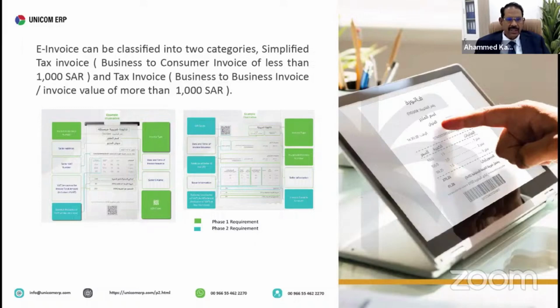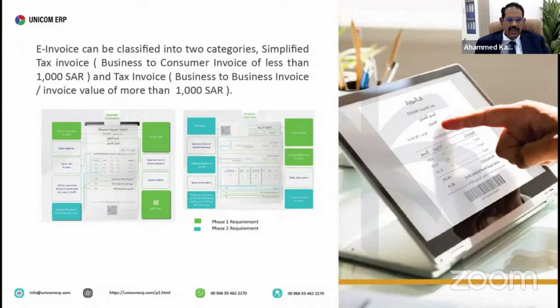Coming back to our discussion with regards to implementation of Phase 2 from ZATCA, as we mentioned earlier, simplified tax invoices have comparatively lower requirements compared to the tax invoices.